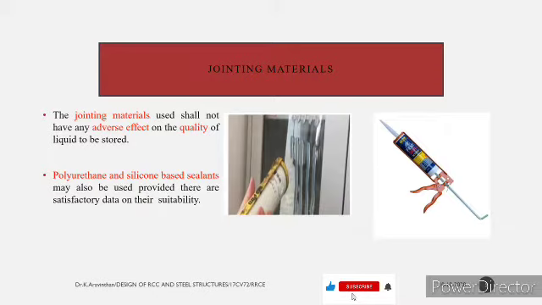It may be an expansion joint or contraction or movable joint. You will have this jointing material in order to seal the liquids inside the water tank.